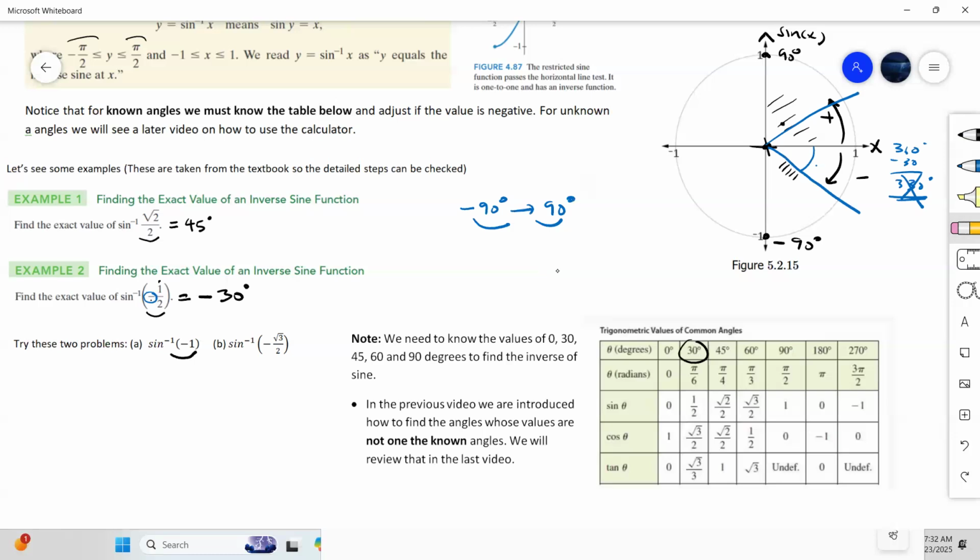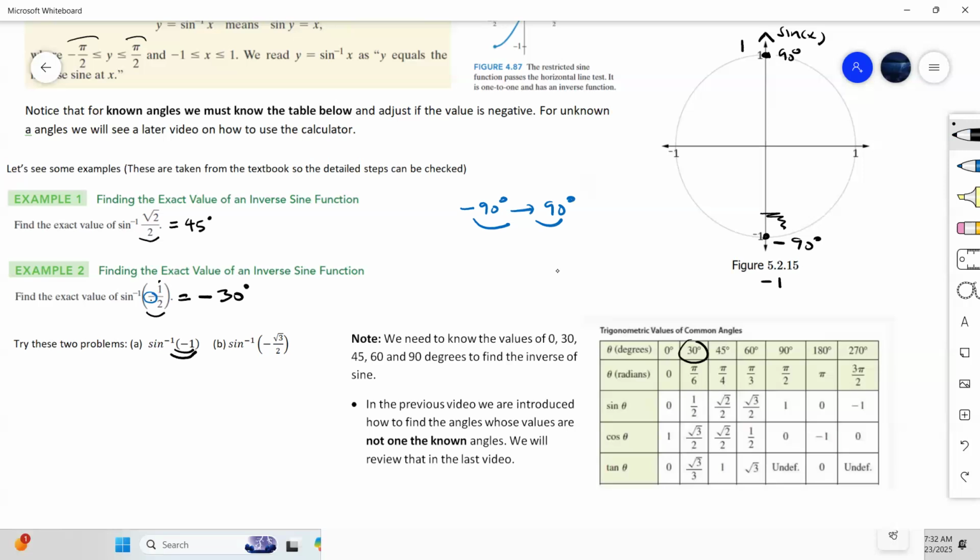Again, we look at the table for now, but eventually we memorize it. All right. On the unit circle, the highest value sine x can be is positive 1, and the smallest value it can be is negative 1. So at negative 1, I am down here.